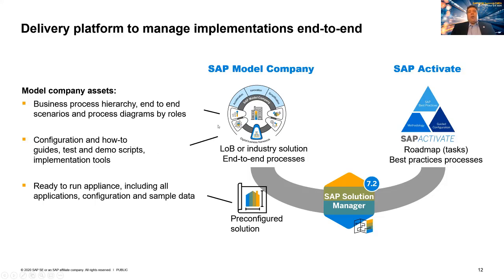This is all imported in the Solution Manager into our process management. And of course, with model company, you also get a pre-configured system, which is then connected to the Solution Manager so that you can jump from the process views directly into the system to have a live view on how the process would look like.